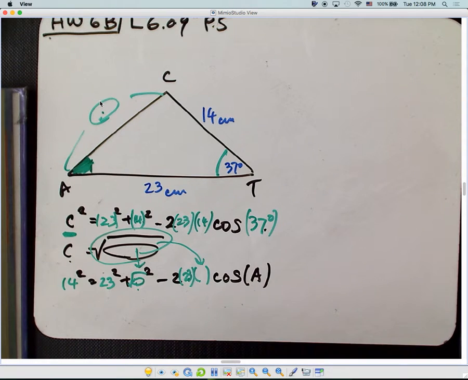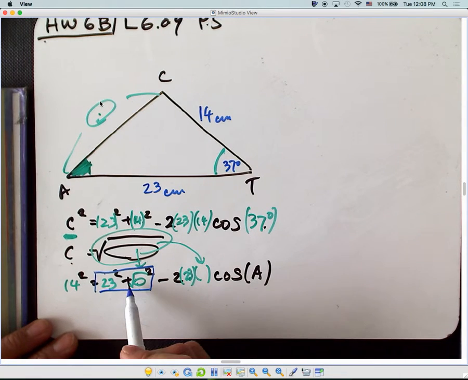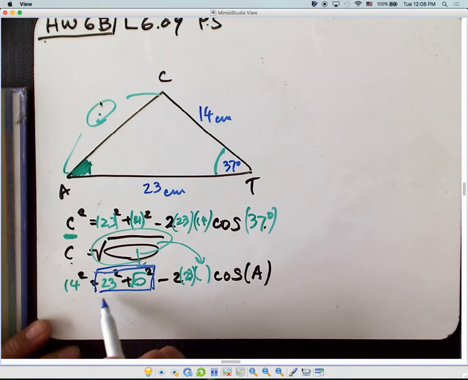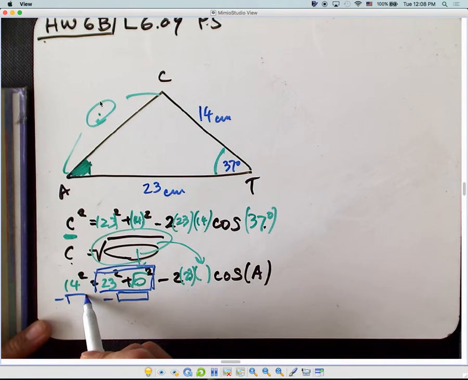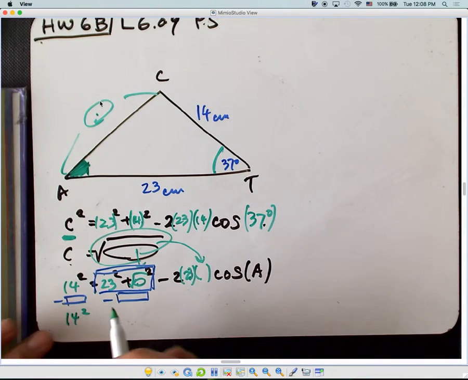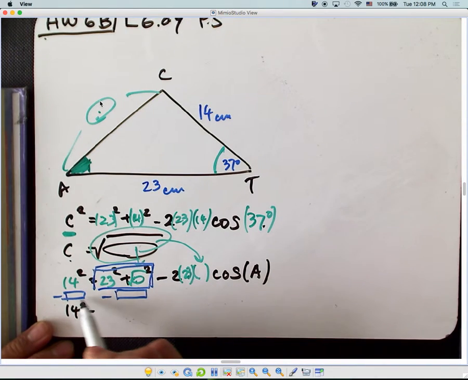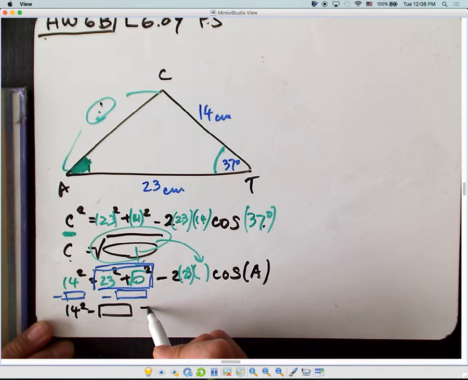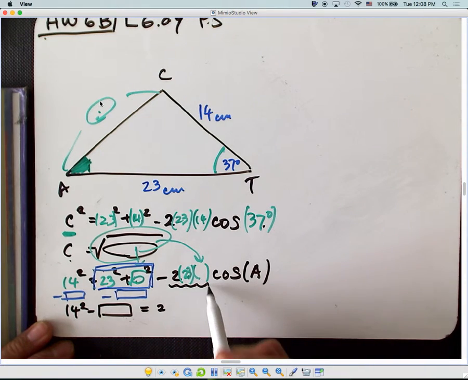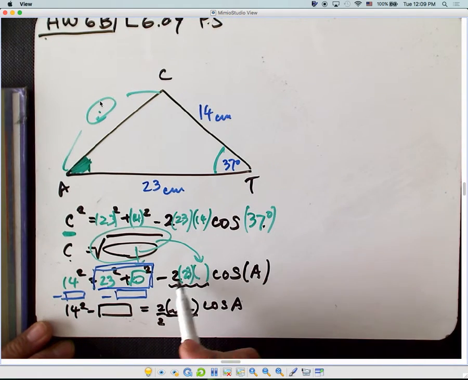So if you do this part, then you get what? Once you get this one, you have to subtract this guy from both sides, right? So we'll have 14 squared minus whatever this guy is, which equals 2 times this guy times cosine of A. Now what you have to do is divide by 2 because you want to cancel that out, and you want to divide by whatever you get here.